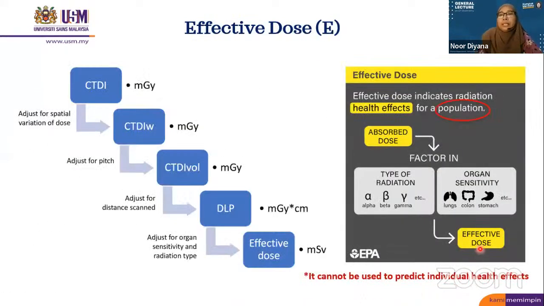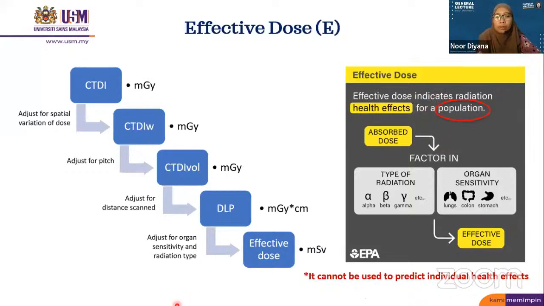Okay. Effective dose is actually for a population, and it cannot be used to predict individual health effects. Sometimes some people misunderstand the concept of effective dose. They talk in terms of individual health effects, but effective dose should be used for a population.